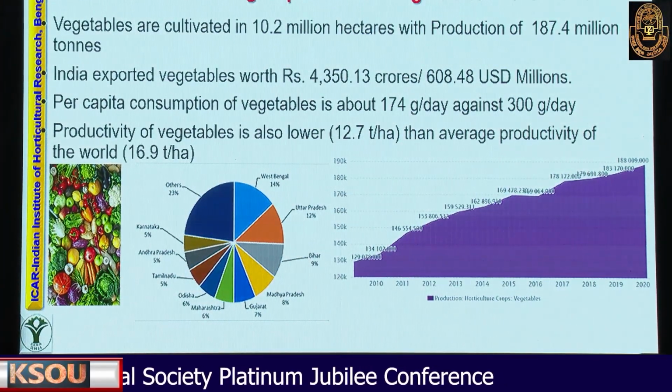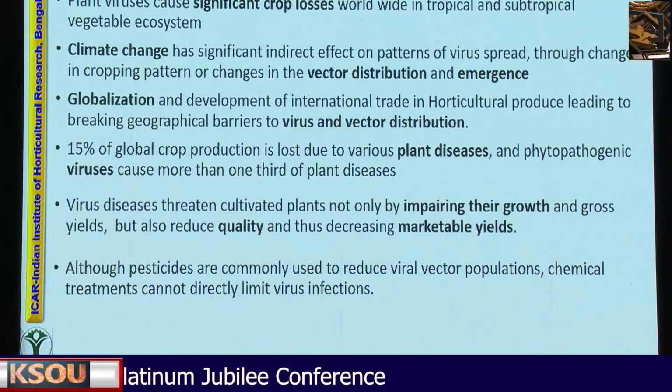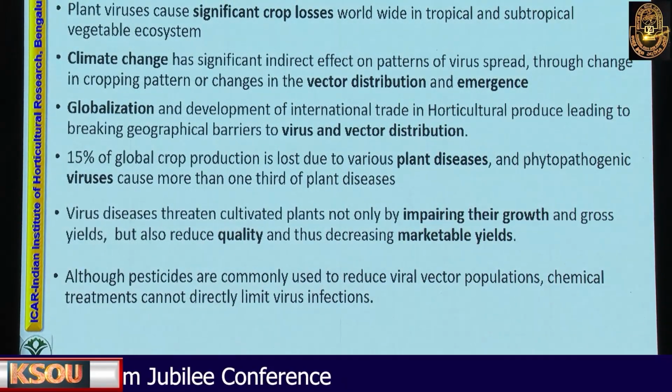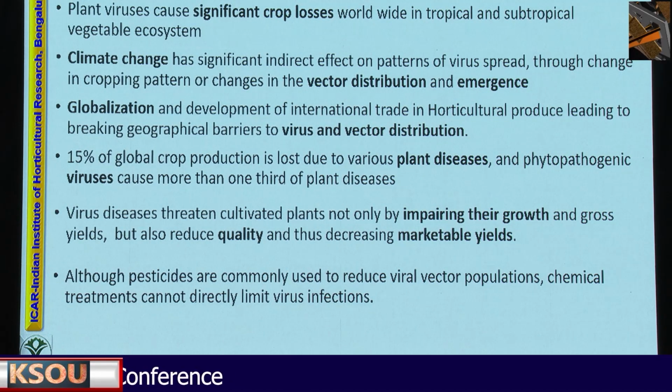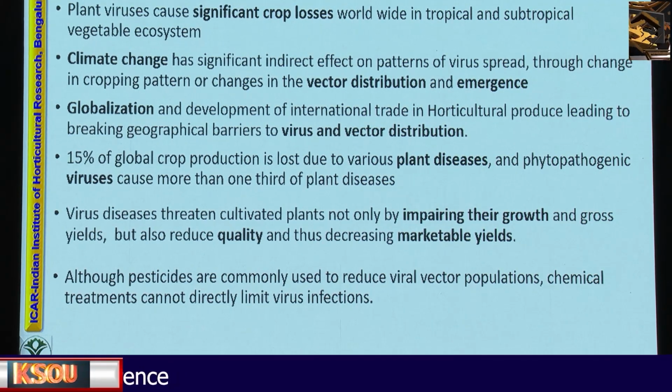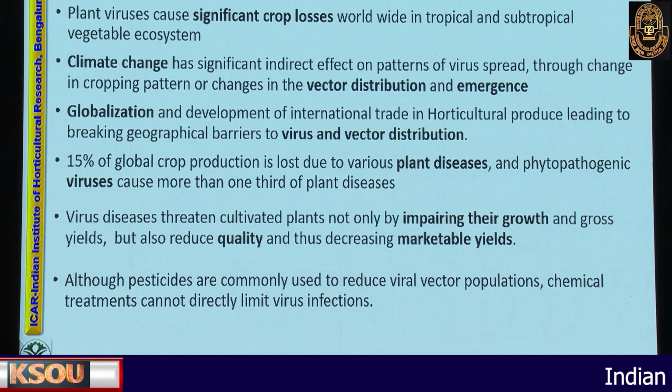The intensive and extensive cultivation of vegetables has several problems, out of which biotic stresses, and viruses in particular, are the major ones. You are all aware that viruses are currently causing significant losses in vegetable crops.